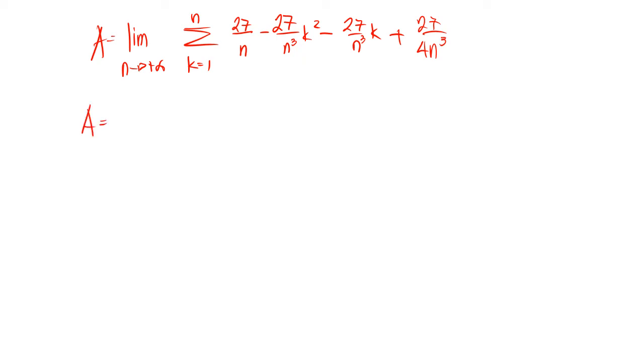Summation yan, actually dapat meron yung parenthesis, pero carry lang. Ibig sabihin natin is, pwede natin i-distribute yung summation, but still lahat yan is nakalimit as n approaches positive infinity.